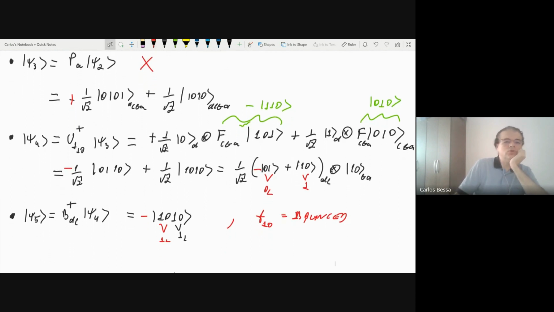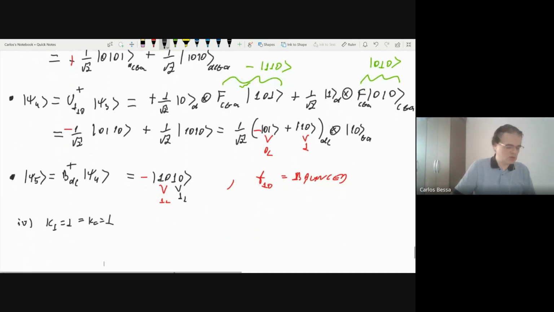And you can do the same thing for the other case, the fourth case, when K1 equals 1, K0 equals 0. In the end, considering only the final answer, not the phase, you can do the same in the two ways, with the phase and without the phase, and we'll see the same problem.